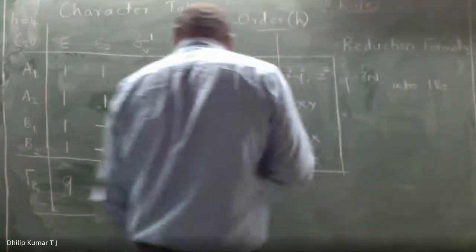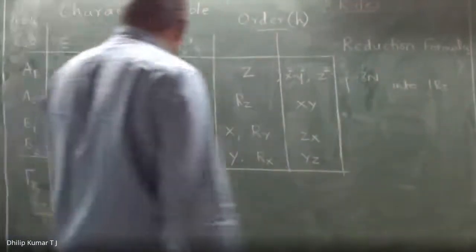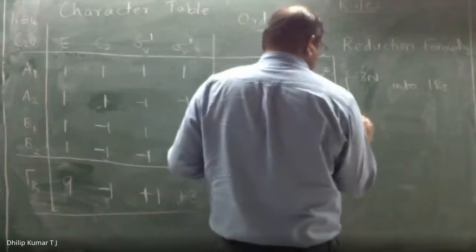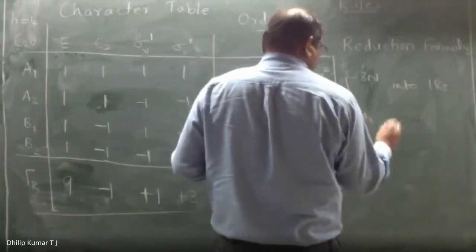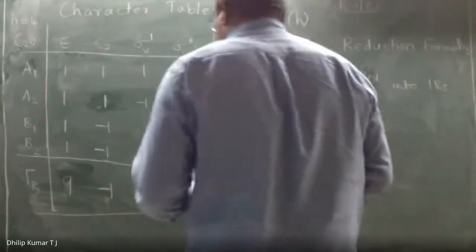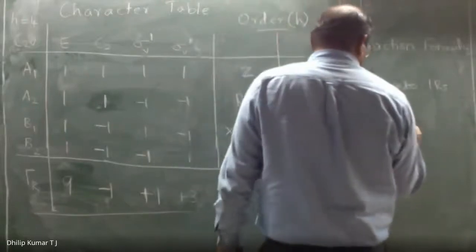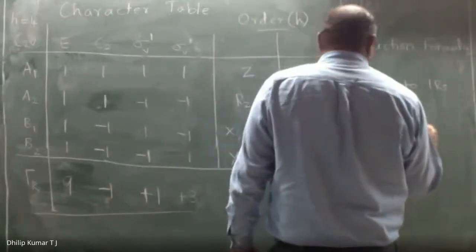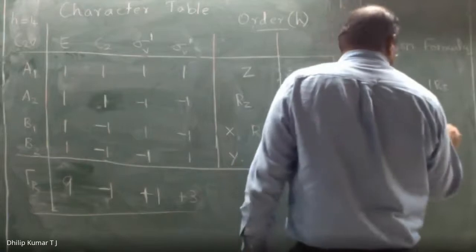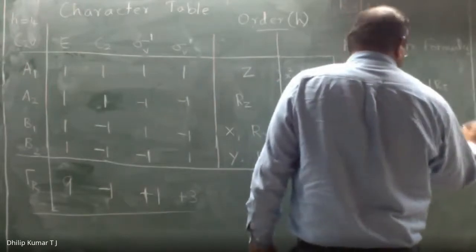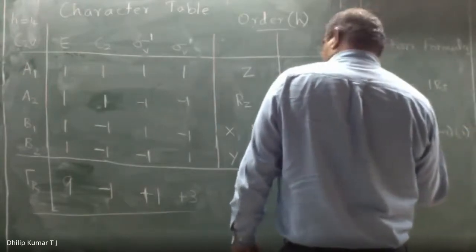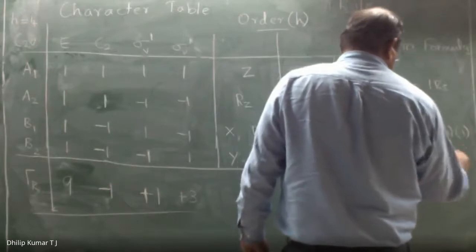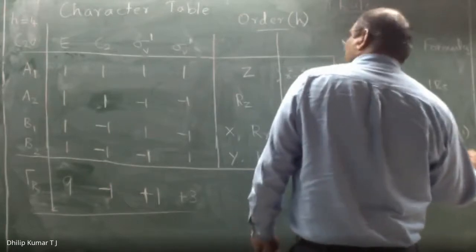So what we have got is gamma R. To find gamma of A1, we multiply 9 into 1, plus -1 into 1, plus 1 into 1, plus 3 into 1.